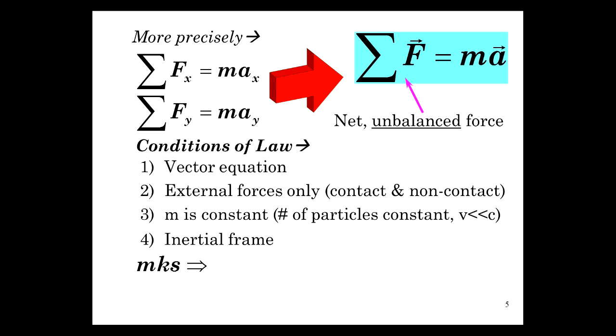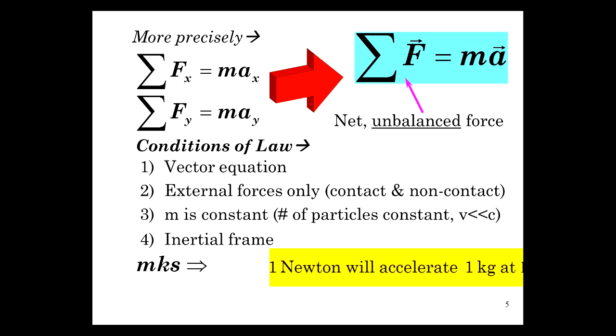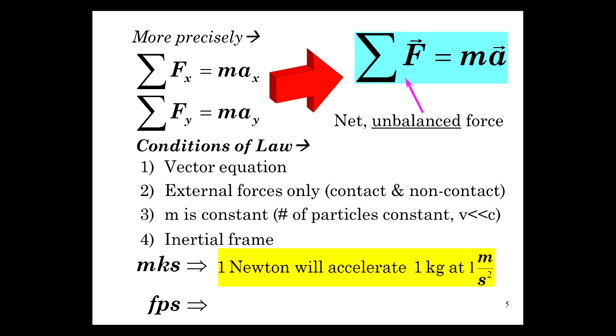And it's an inertial frame under which this law is quantified and understood in terms of how we're expressing it. So we have the MKS, or meter kilogram second system. In that system, 1 Newton will accelerate 1 kilogram at 1 meter per second squared.